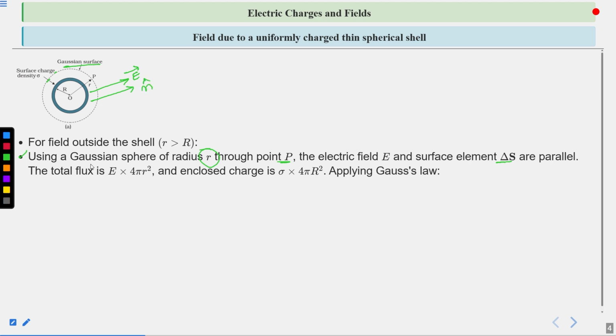Now the total flux is E into 4 pi r square.